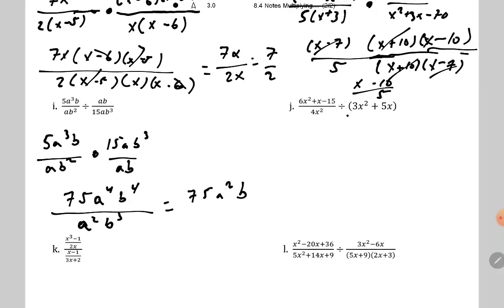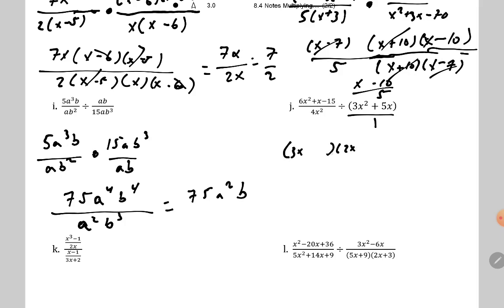Divided by 1. Okay, we're going to flip this over. Let's go ahead and factor everything as well if we can. 6x squared plus x minus 15. So this is most likely 3x and 2x.